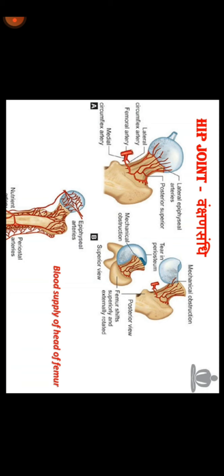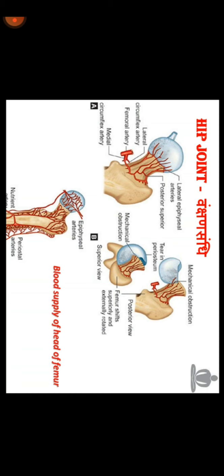Most important of these, mainly medullary vessels and retinacular vessels, if they get cut off, then you may get fracture of neck of femur, and sometimes it may result in avascular necrosis of femur.